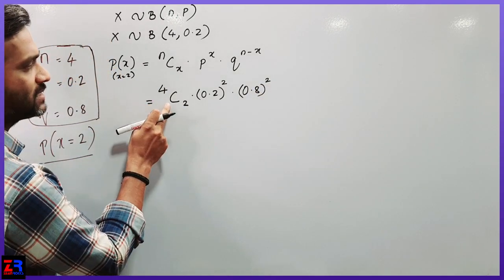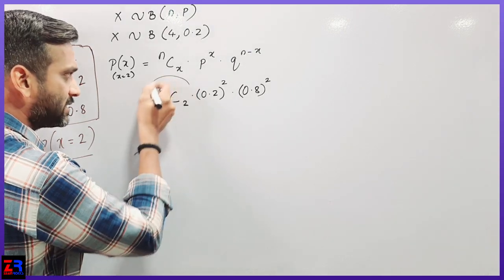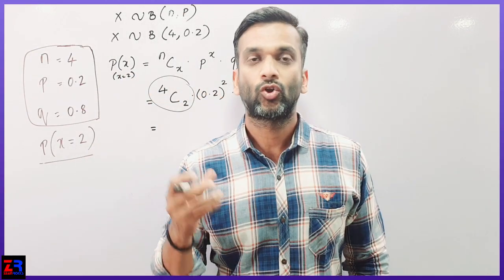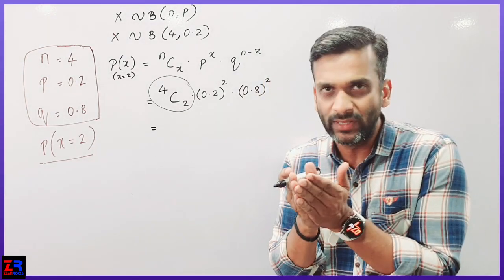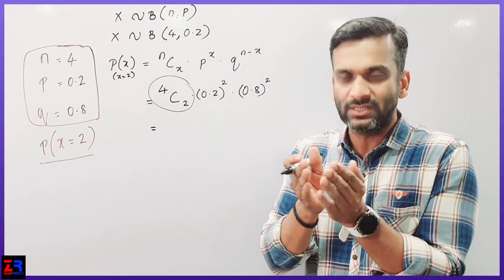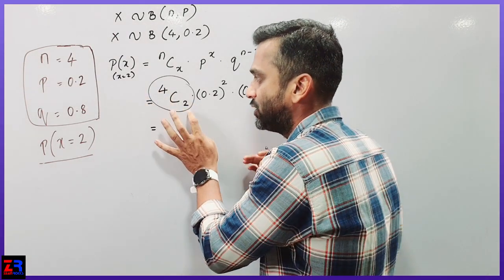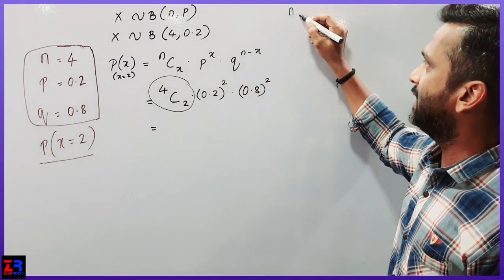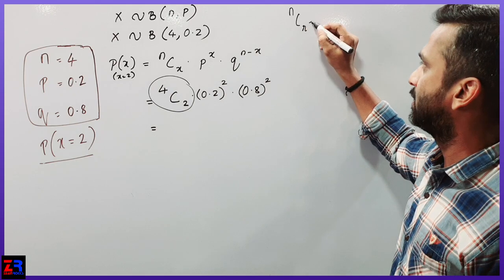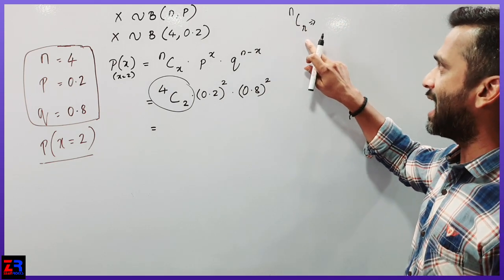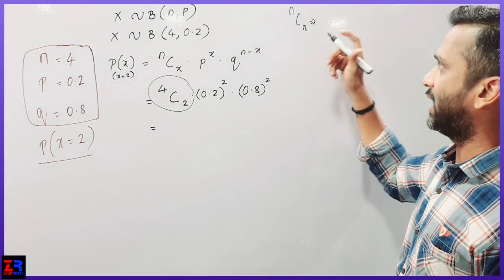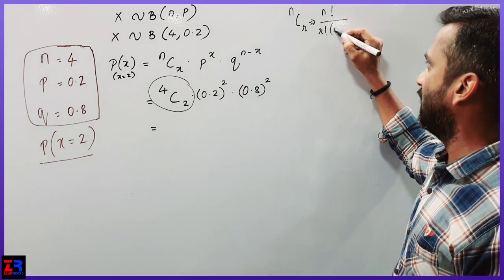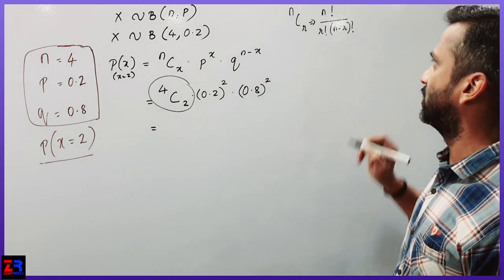Now 4C2, this is something called a combination. Now in combination, how to apply the formula? It is nCr, n things taken r at a time, is n factorial upon r factorial, n minus r factorial.